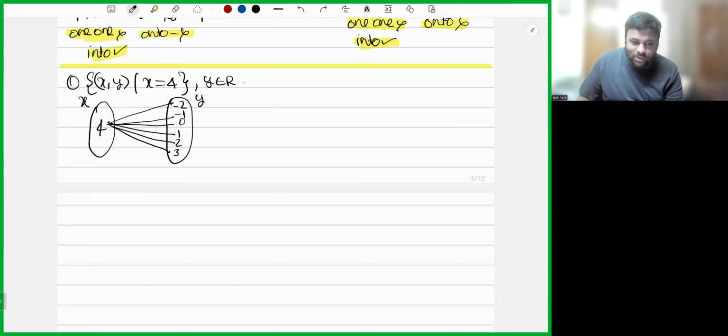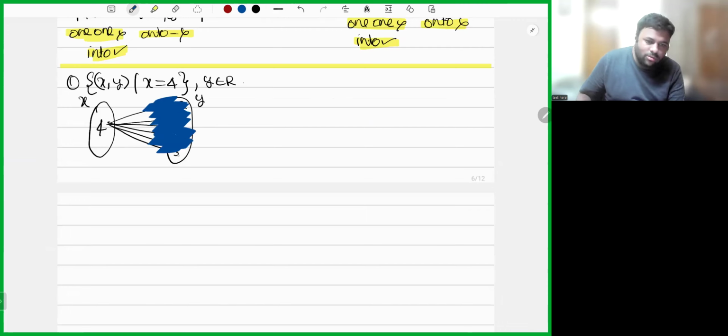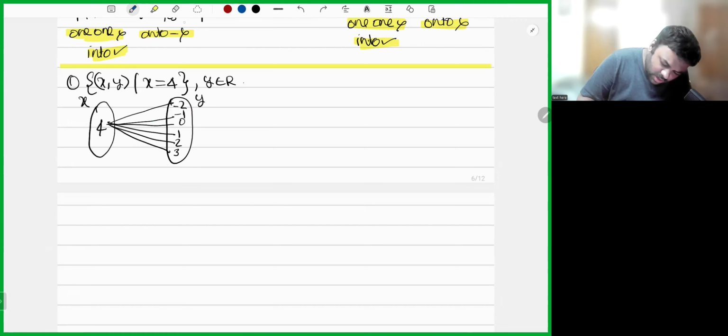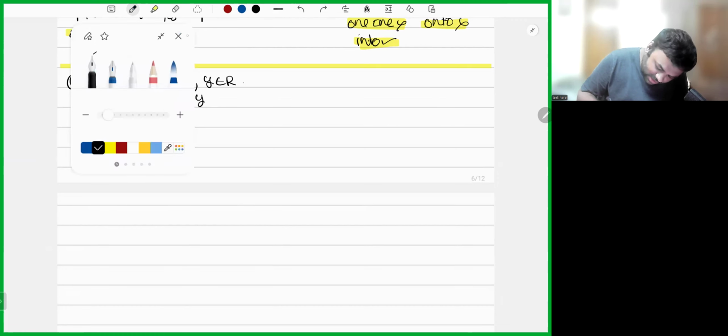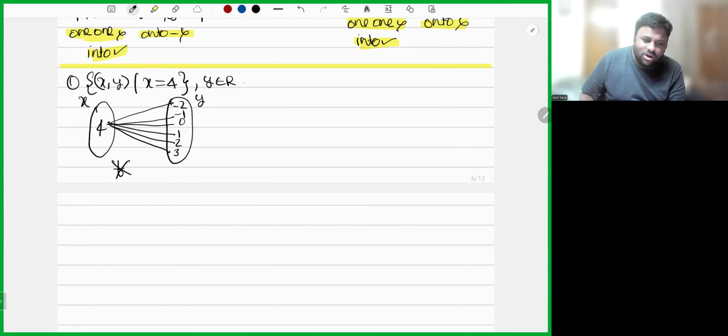To determine the types of functions, first it should be a function. Only one arrow should pass from the element, but multiple arrows are passing from the element. So do you think it's a function? First of all, it is not a function. When it is not a function, how will you decide what type of function it is? Nonsense. Okay. Next example.